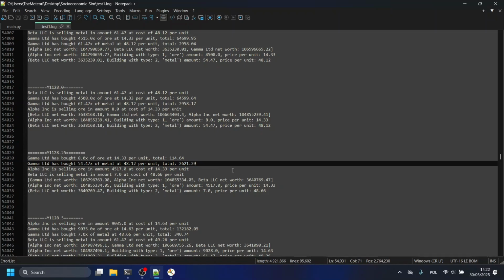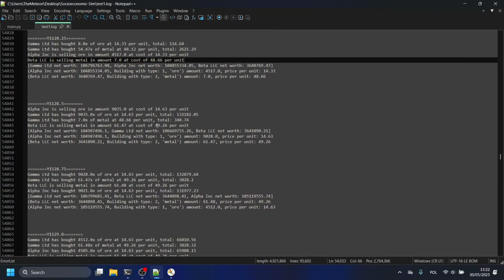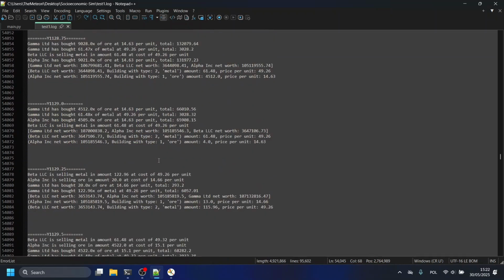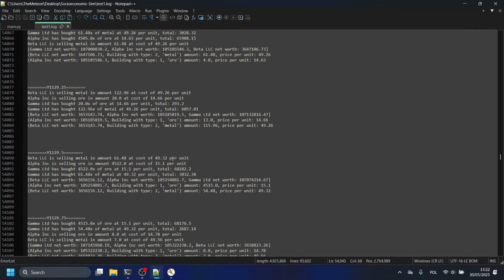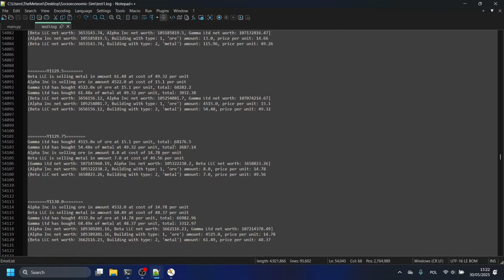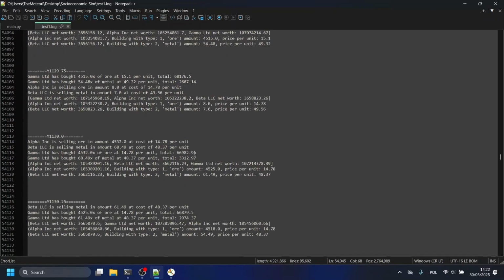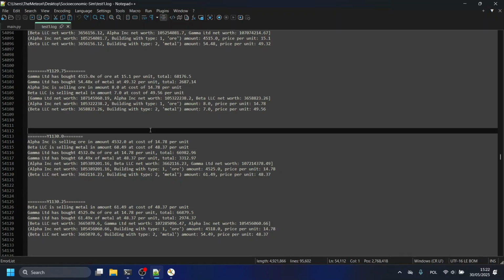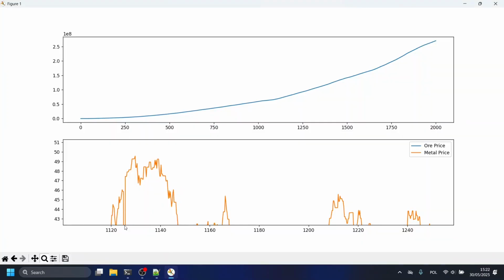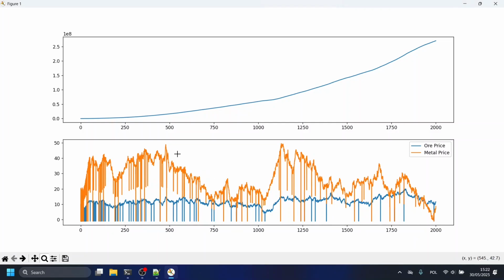Beta LLC is really, really high cost. 49, do we have anything higher? It's 49.26, 49.32. I'm not sure if it actually, no, it didn't reach 50. However, it was incredibly high, and I think it's one of the higher ones I've ever seen, so that's something.